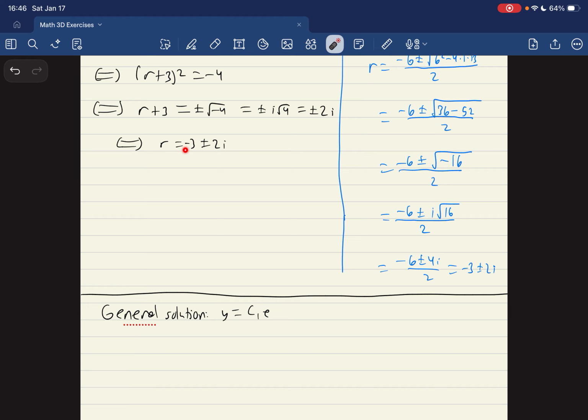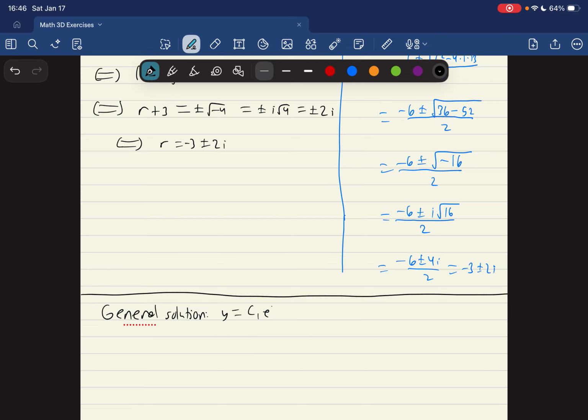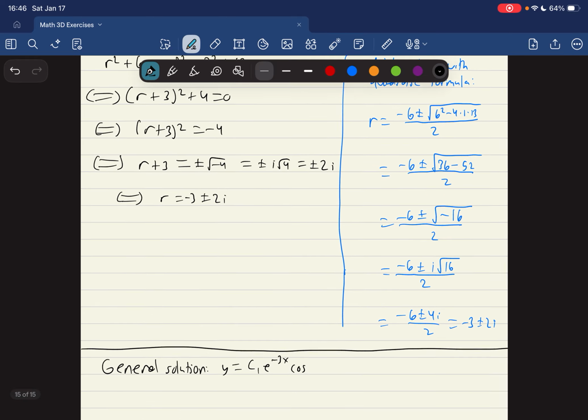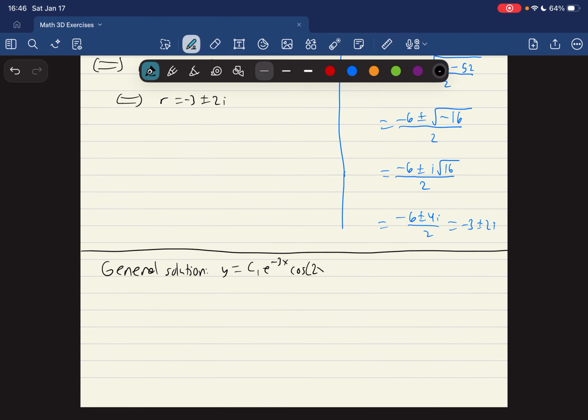So this is just this number right here, the one that doesn't have an i next to it. Negative 3x, and then we're doing cosine, and the cosine is going to be of whatever number is occurring in front of the i. So ignoring the plus or minus, just look at this number. It's going to be cosine of 2x.